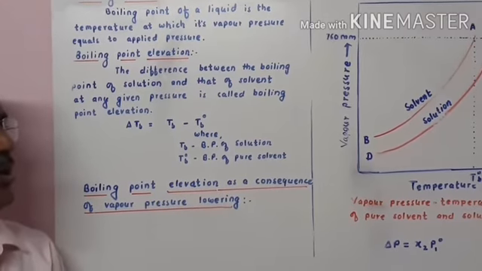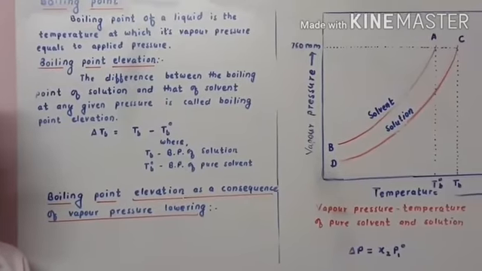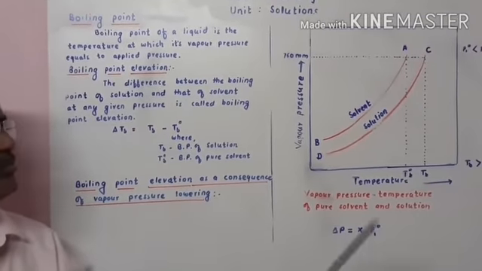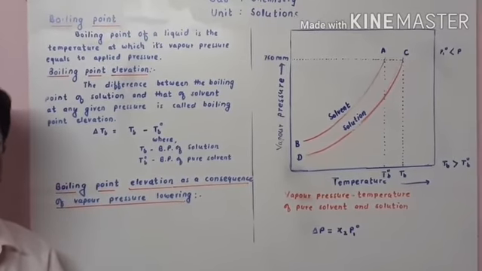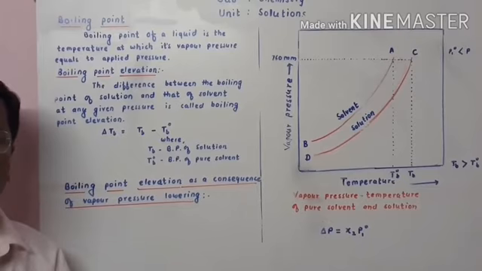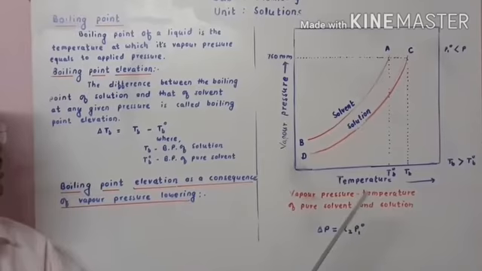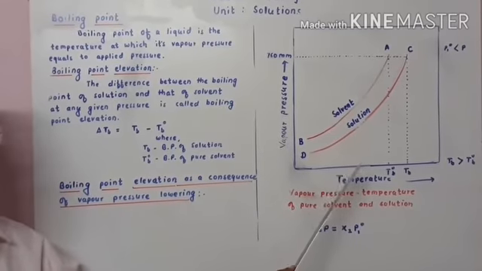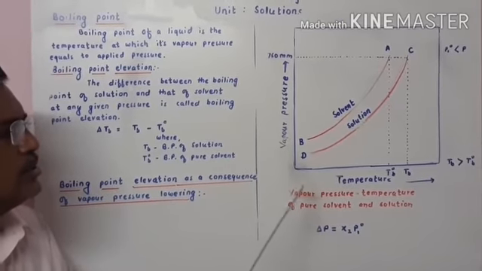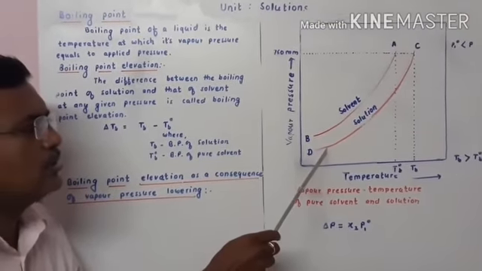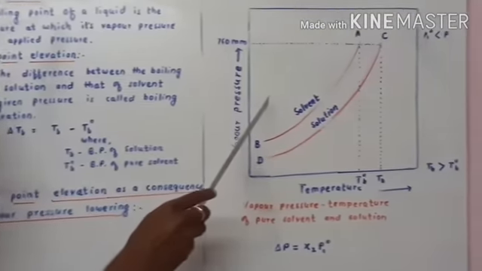At any temperature, the vapor pressure of the solution is lower than that of the pure solvent. Hence, the vapor pressure-temperature curve of the solution, CD, lies below that of the solvent, AB.